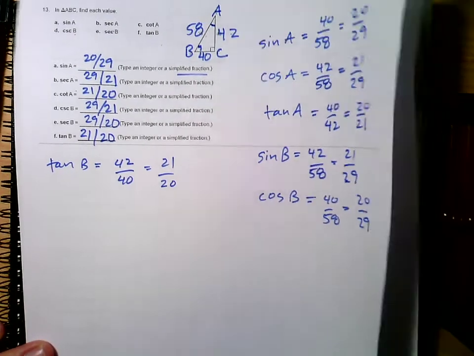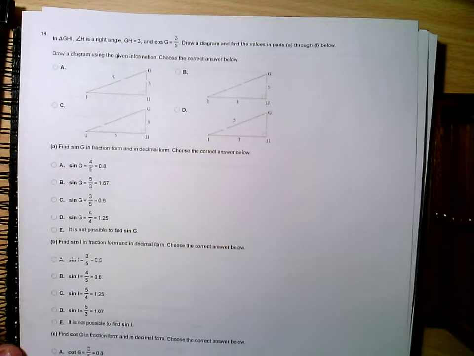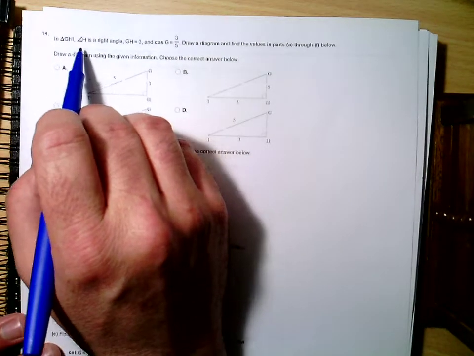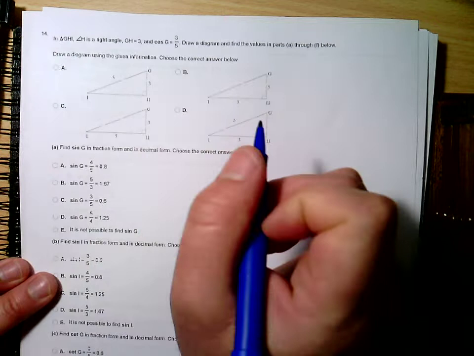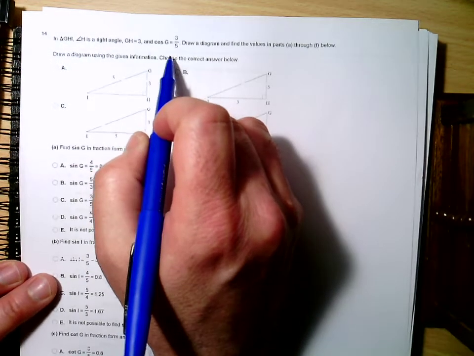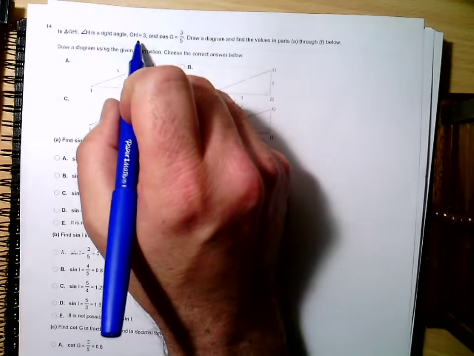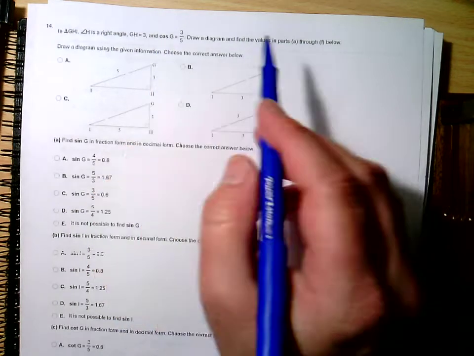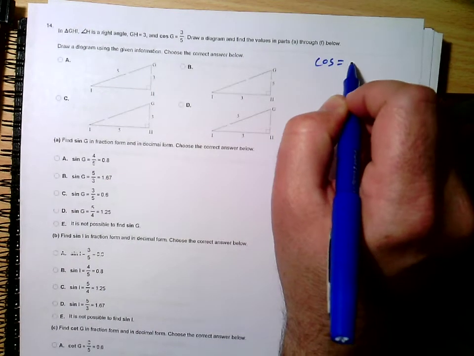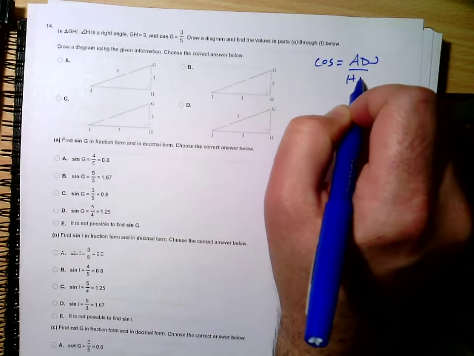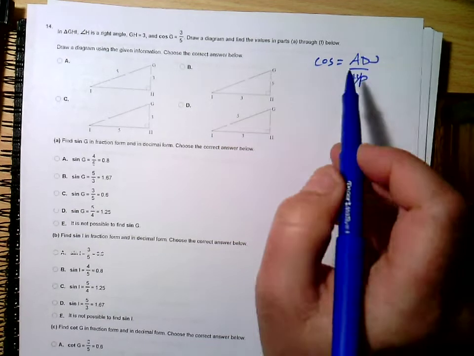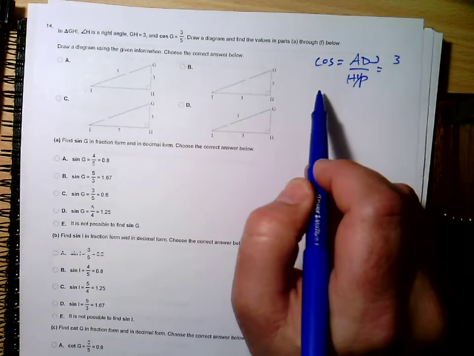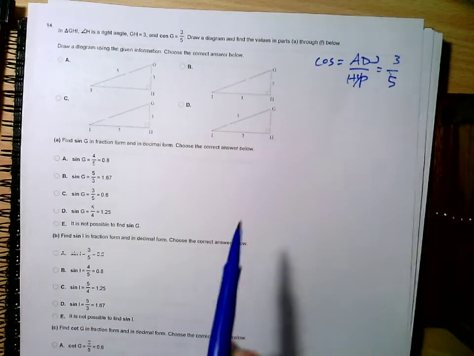Okay? All right, next. It says here, in triangle GHI, angle H is a right angle, GH is 3, cosine G is 3/5. Draw a diagram and find the values of the parts. So let's see. H is the right angle. Cosine, remember, is adjacent over hypotenuse, so we're looking for the adjacent side to be 3 and the hypotenuse to be 5.